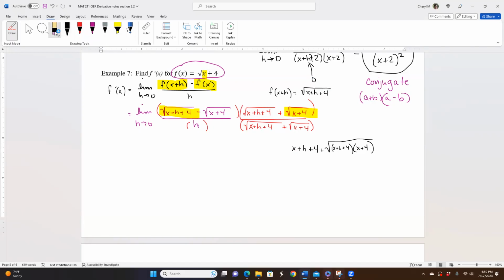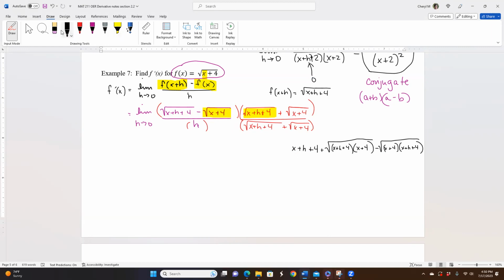Then we're going to take the middle two terms and multiply them. We took the first times the outside; now we multiply the inside terms. So this is a negative square root of x plus 4 times the negative square root of x plus h plus 4, which similarly will just be minus the square root of x plus 4 times x plus h plus 4.